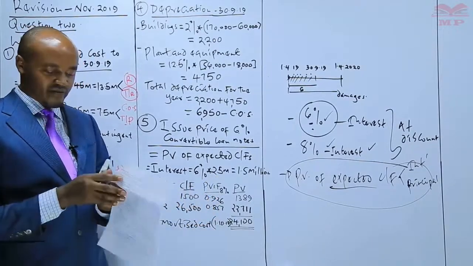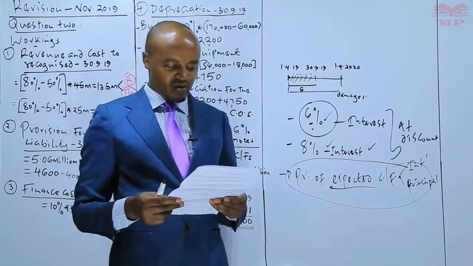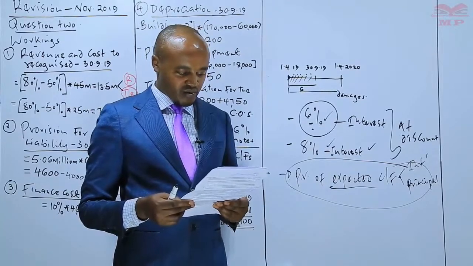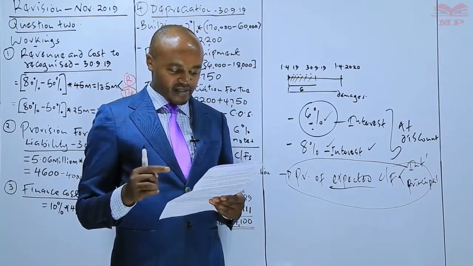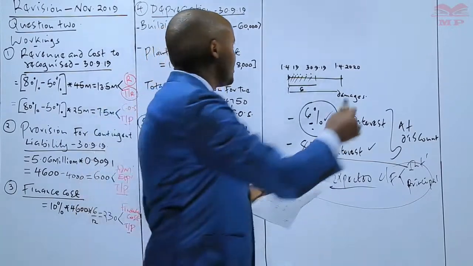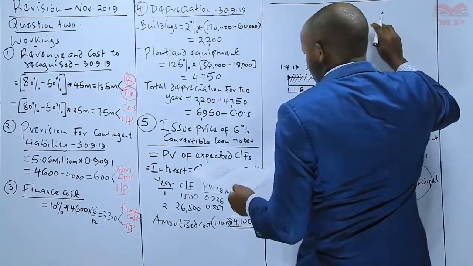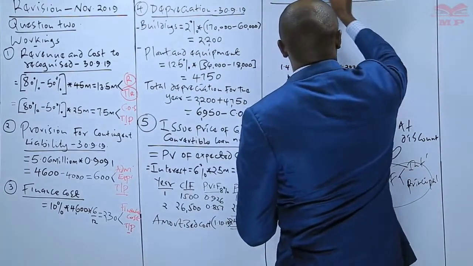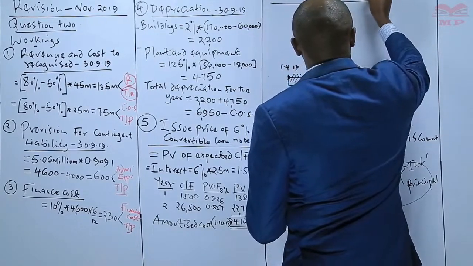And that's why if we go back to the trial balance, the first item there is the 6% loan note. So we can just prepare that account, the 6% loan note account.